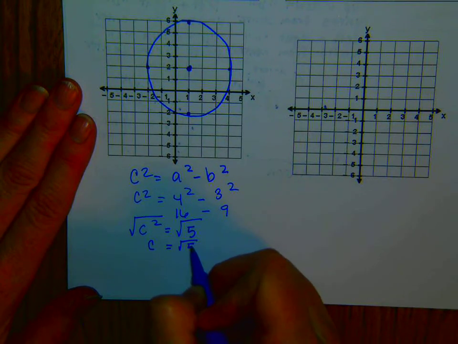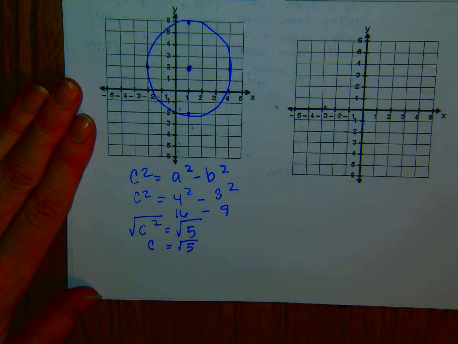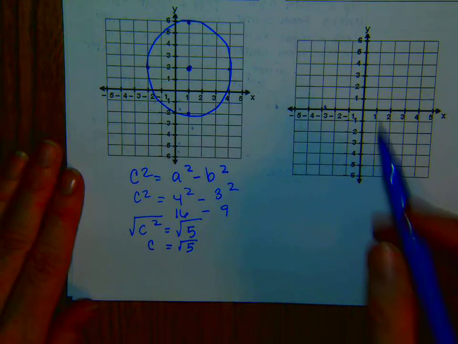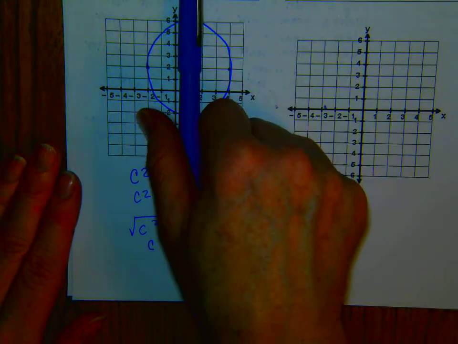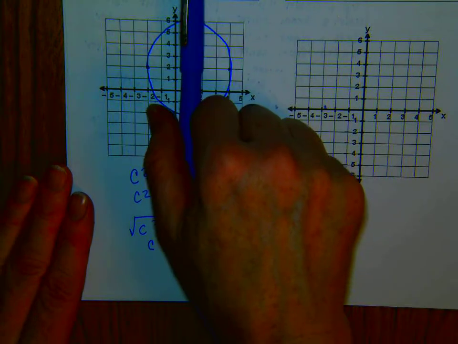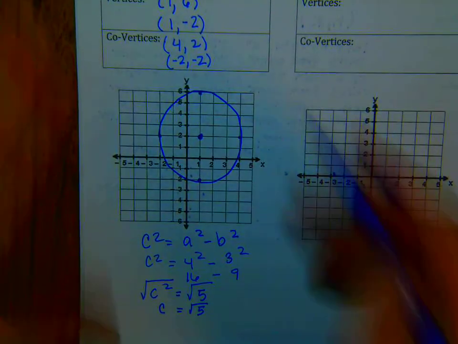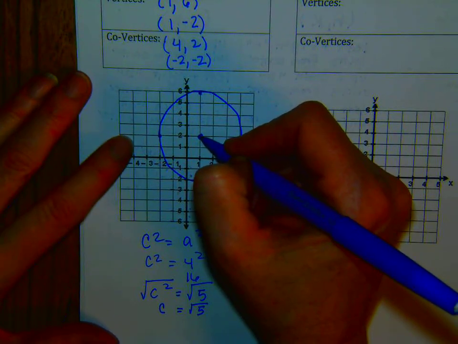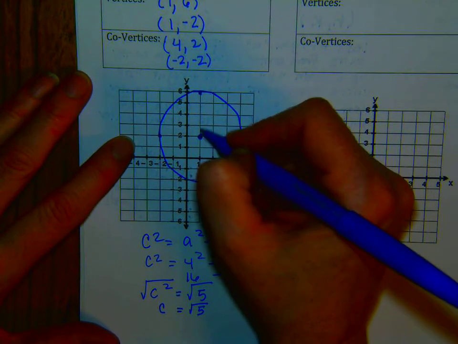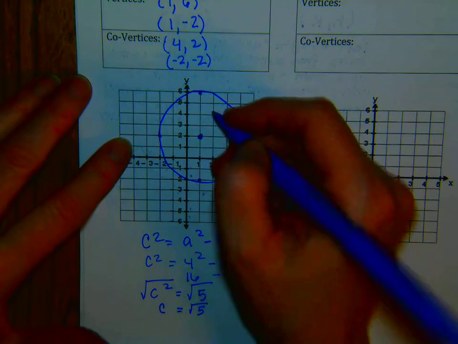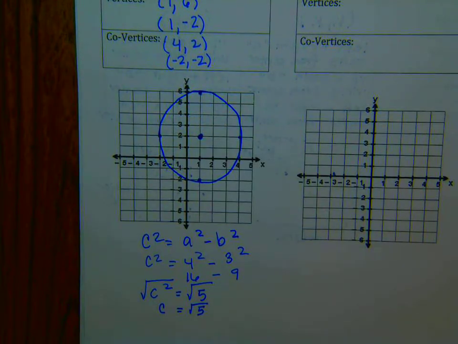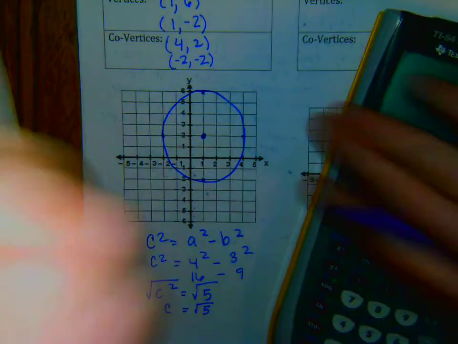So where do I label that? Well, it looks almost like a circle, but I know that my axis is this way, so my foci are at 1 plus the square root of 5. I'm going to get my calculator and see what that is.